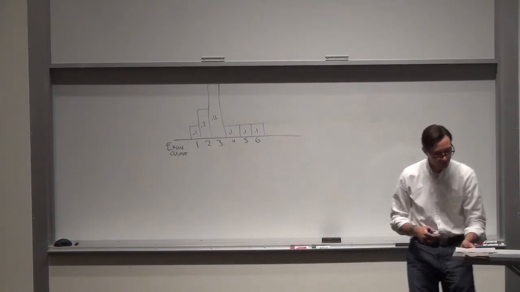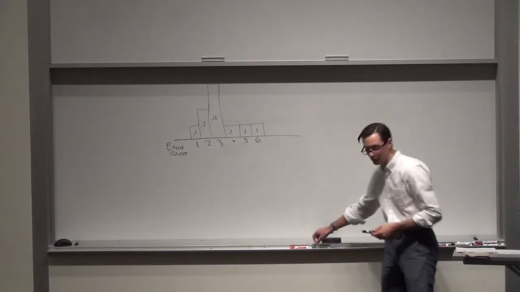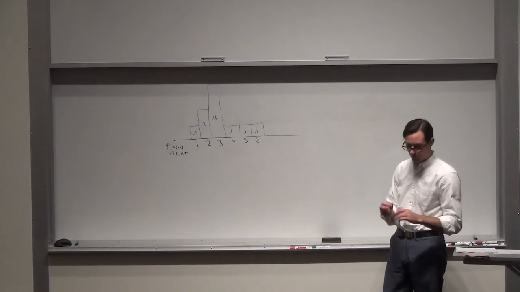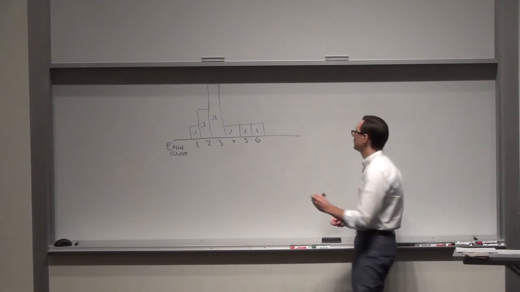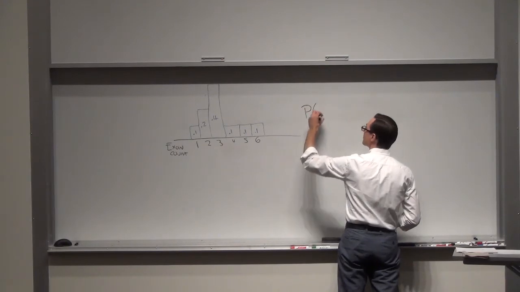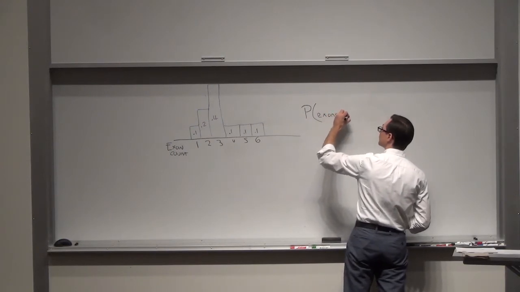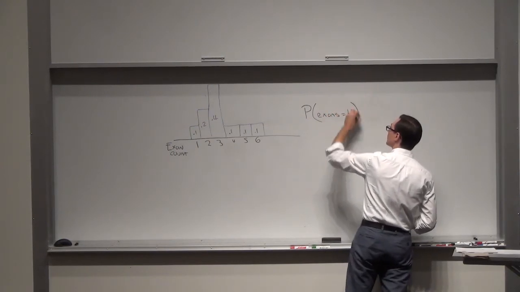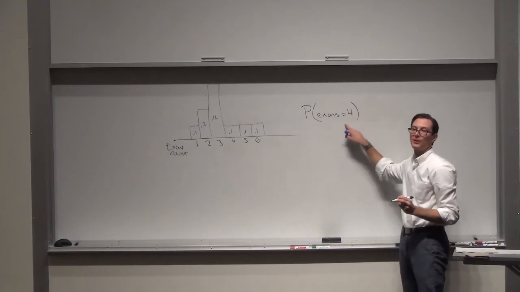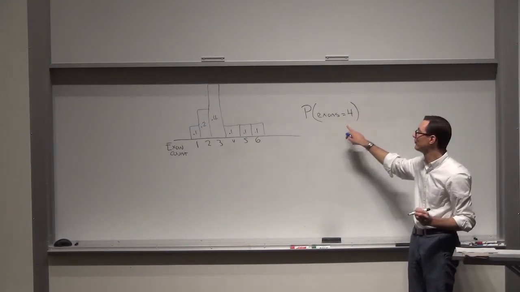All right, so let's just start with some really simple questions. What is the simplest question we can ask? So what is the probability that the number of exons in a gene in our data set is 4?